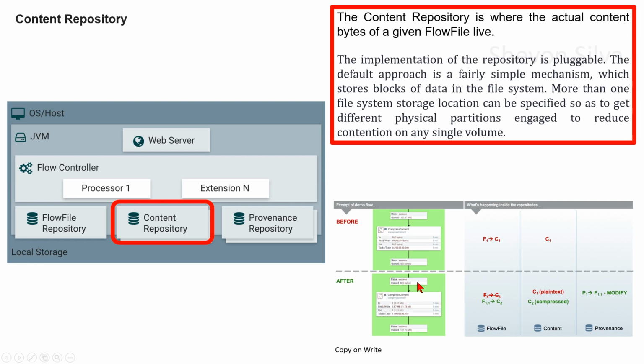After: success is connected to compress content, and it interacts with success, and in the FlowFile repository you can see F1 pointing to C1 is there, and now a new one, F1.1, is pointing to C2, and in the content repository C1 is the plain text, and here C2 is compressed, and in provenance P2 is pointing to F1.1. It's in the modify.